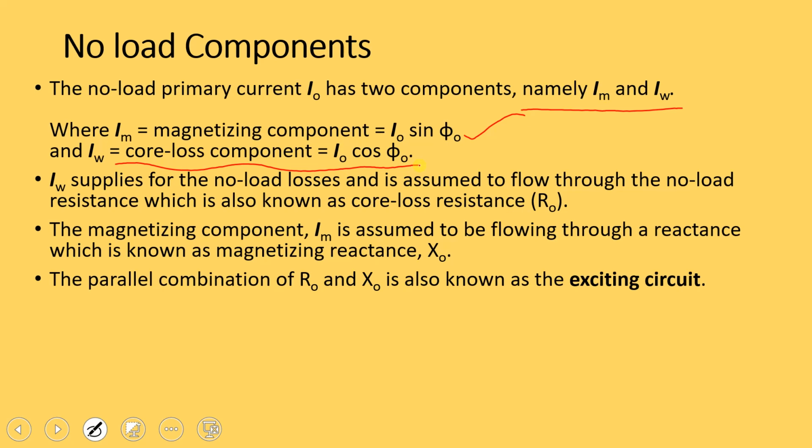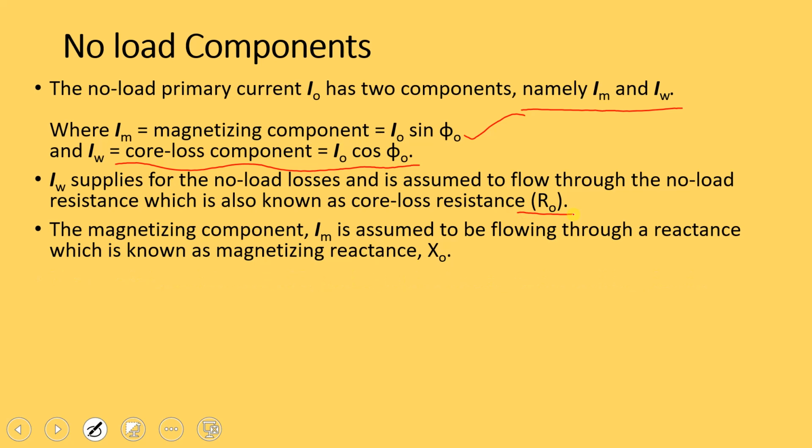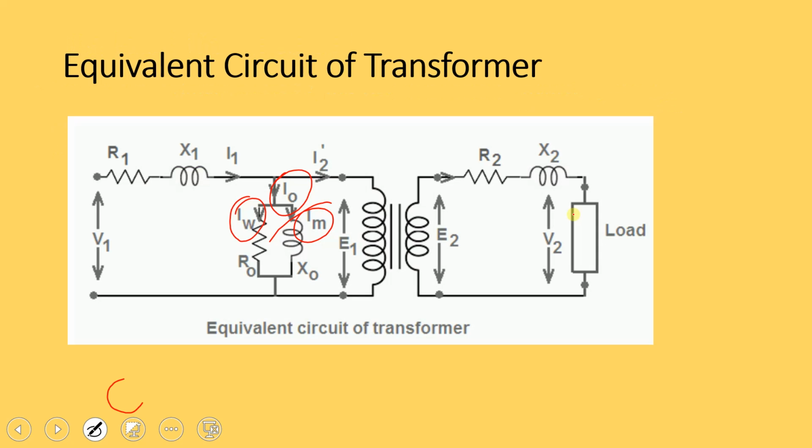So this IW supplies the no load losses and is assumed to flow through the no load resistance, which is known as core loss resistance R naught, as shown in the figure. This is our R naught.